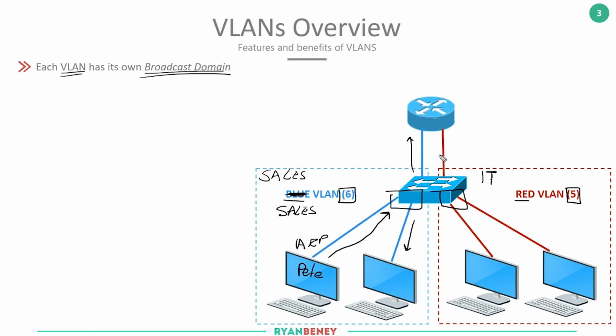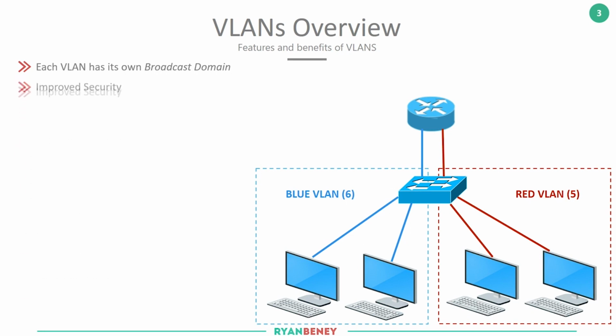It will not go towards any devices in VLAN red. So a good way to think of a VLAN is essentially taking a physical switch and logically separating it into its own broadcast domains. Along with that, it helps us to improve the security. Remember previously when I said that Joe was going to actually move over and speak with Kelly?